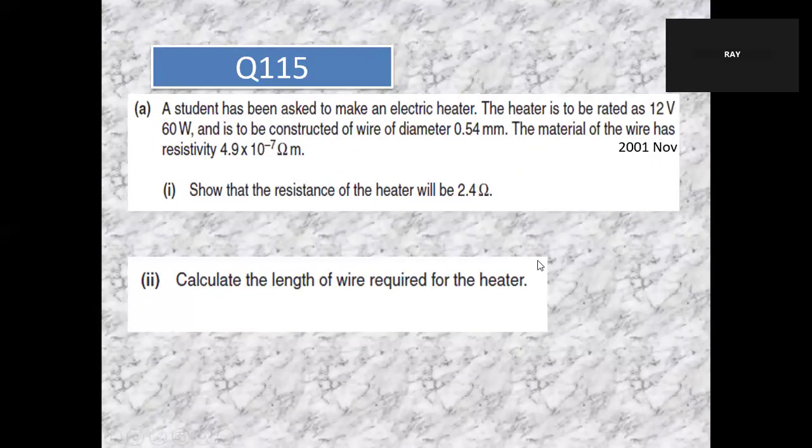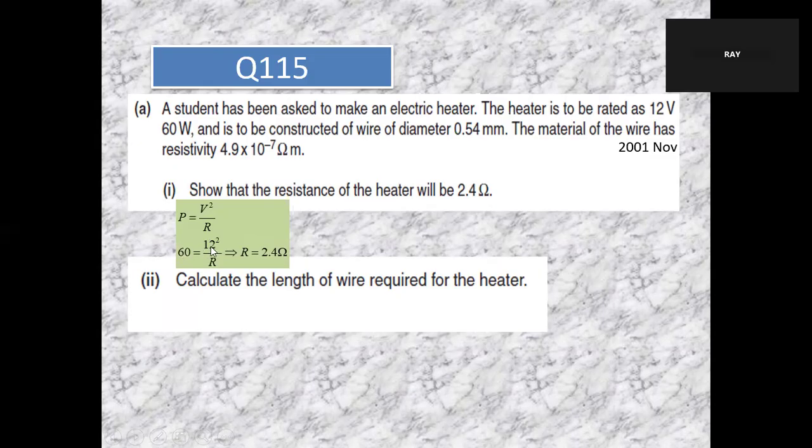Okay, let's try this one. This one is using the resistivity formula. Length is not given, so you cannot use that. The alternative is to use P equals V squared over R. So I'll put there 60 watt, 3 watt.